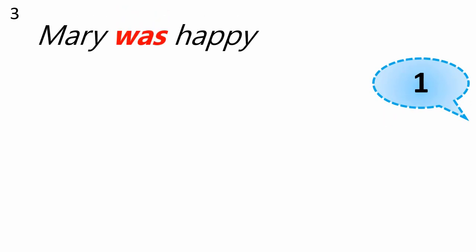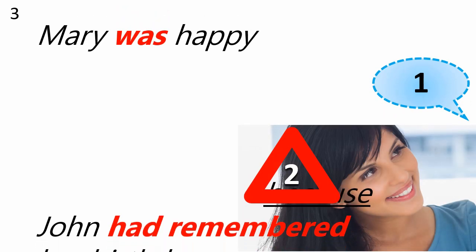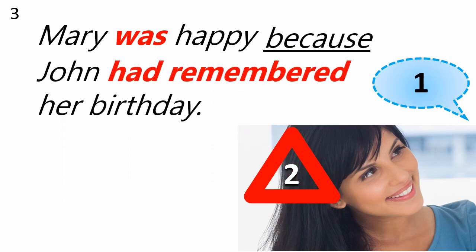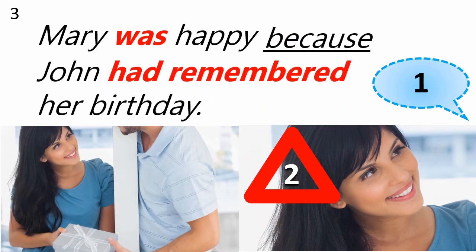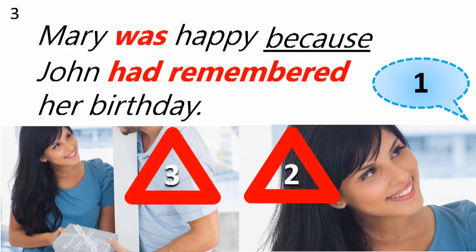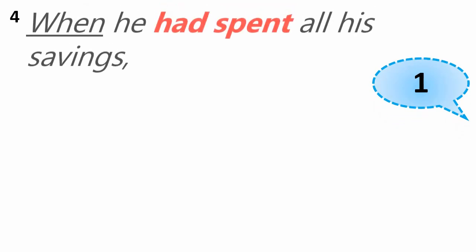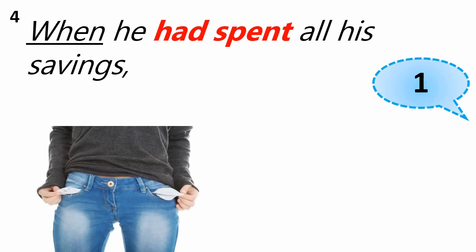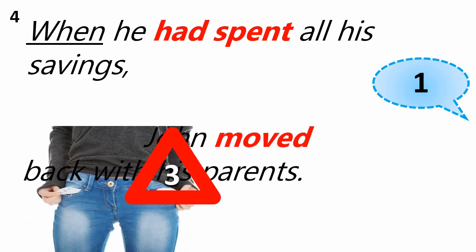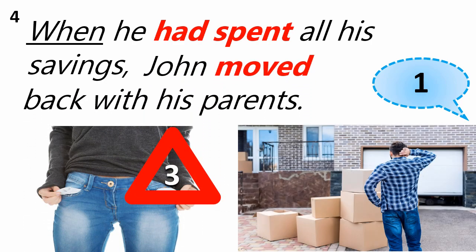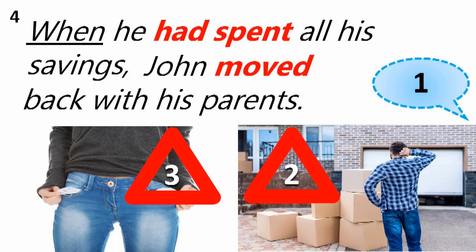Here are a few examples. Number 3. Mary was happy because John had remembered her birthday. Number 4. When he had spent all his savings, John moved back with his parents. Number 5.